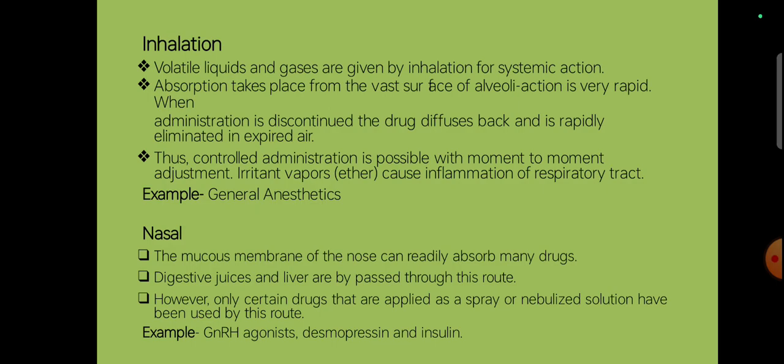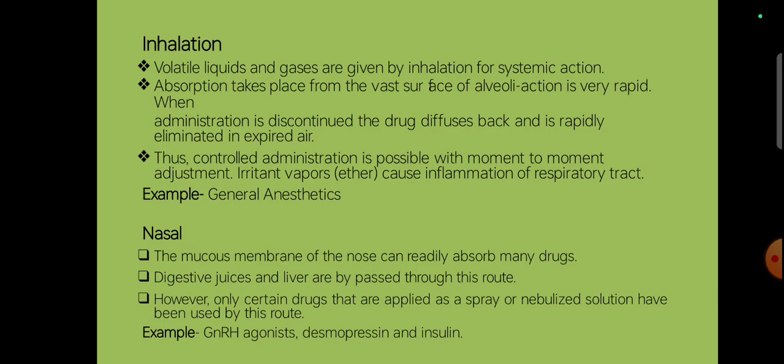Inhalation: volatile liquids and gases are given by inhalation for systemic action. Absorption takes place from the vast surface of alveoli. Action is very rapid. When administration is discontinued, the drug diffuses back and is rapidly eliminated in expired air. Thus, controlled administration is possible with moment-to-moment adjustment. Irritant vapors cause inflammation of the respiratory tract.